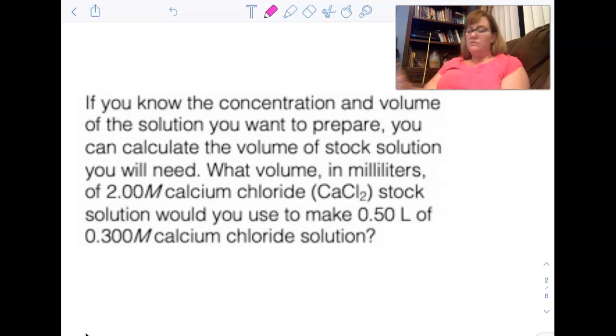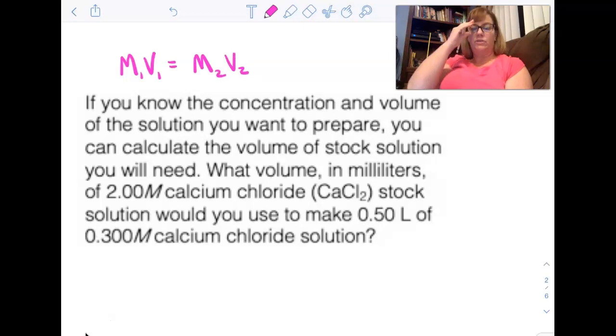The way they do this is by using a formula that is molarity 1, volume 1 equals molarity 2, volume 2, right? So whatever is the molarity and the volume of the stock solution that I need, that's going to equal the molarity and the volume of my diluted solution that I want.